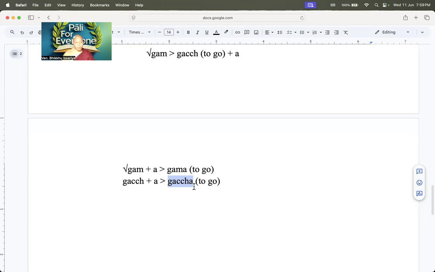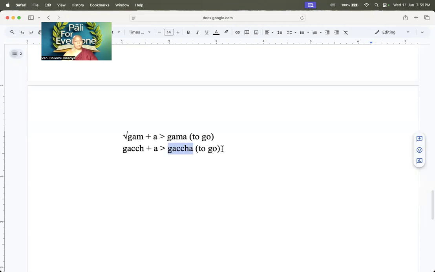For example, the root da is to give. That da alone without using any sign also can be found. And then the other form is dada, also to give. And also de, also to give.